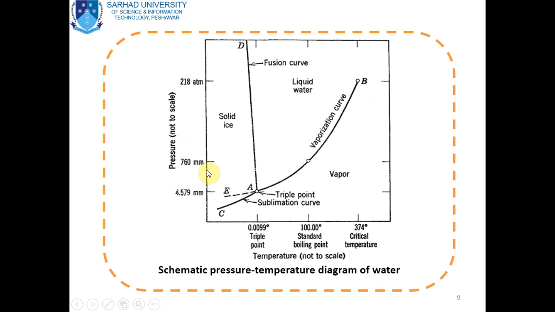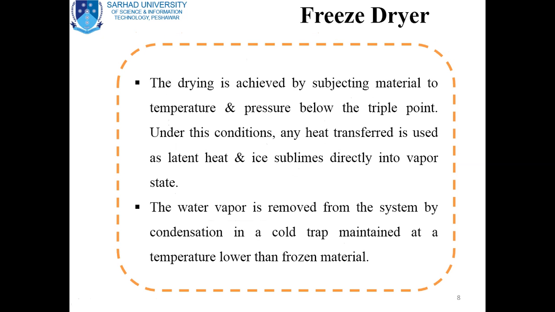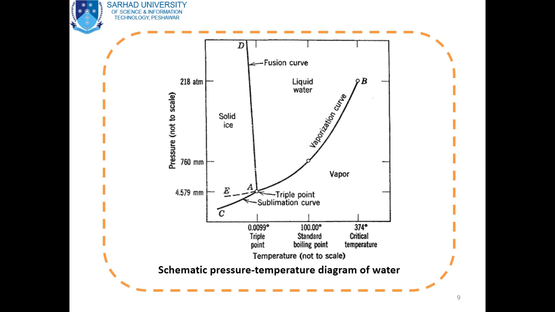On the top you can see the solid ice, the sublimation curve, the vapor state and the liquid state, and the triple point, that is A. If we keep the pressure and temperature below this triple point, the material is dried.